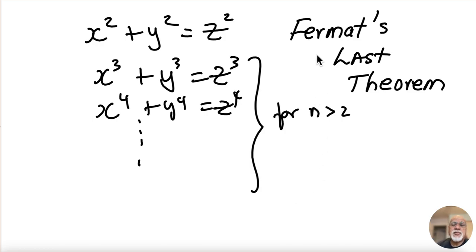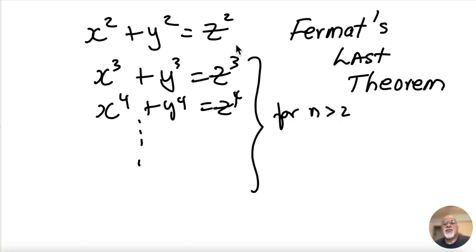And he left a number of theorems unproven, and over the hundreds of years that followed, all of his proofs were proven except for this one. That's why it's known as Fermat's last theorem. And then back in, I think, 1991, I could stand to be corrected, a man by the name of Andrew Wiles solved this.